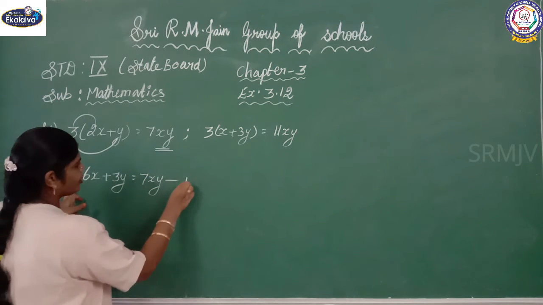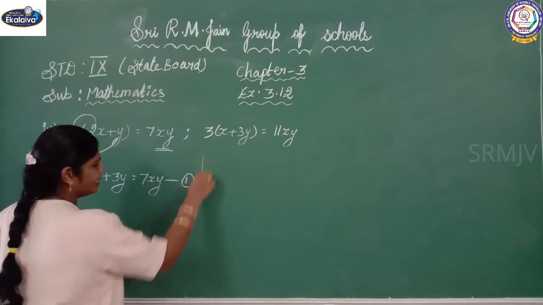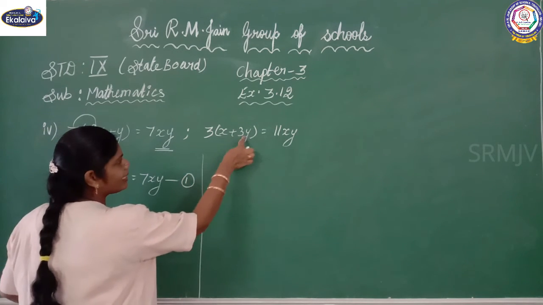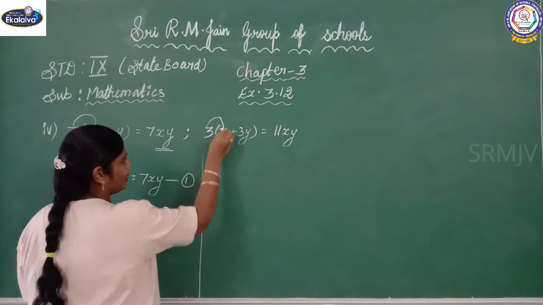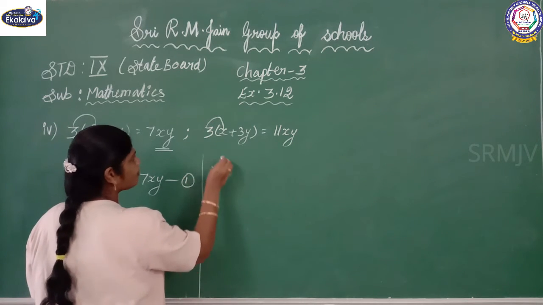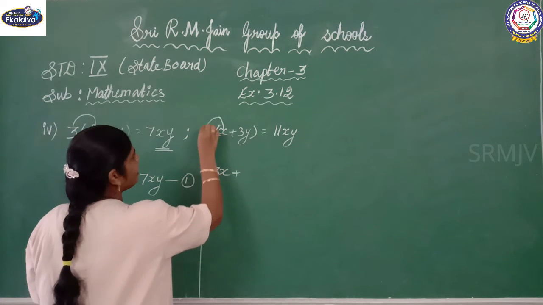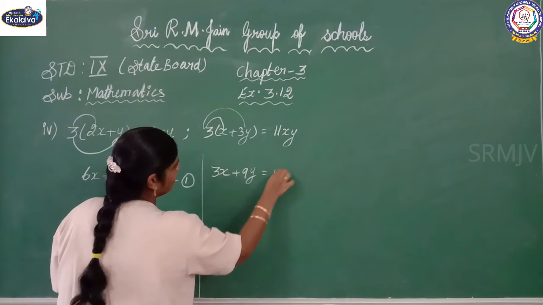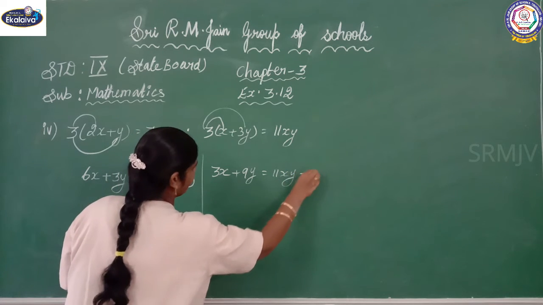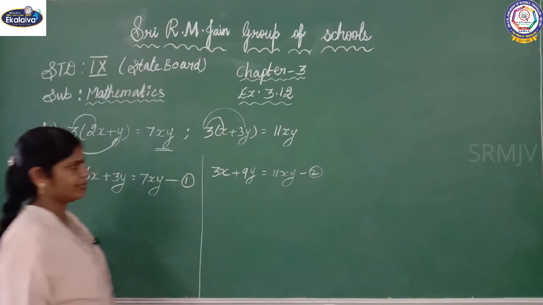This is the first equation. And next here, 3 into x + 3y = 11xy. So 3 into x, 3x, plus 3 into 3y, 9y, equal to 11xy. This is the second equation.